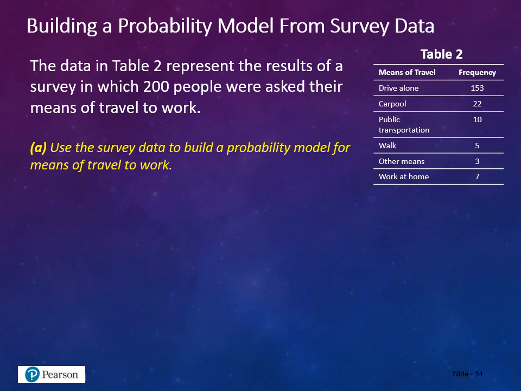So remember, what we're trying to do for probabilities is take the frequency of a response, for example, driving alone is 153, divided by the total number of observations, or in this case, the total number of answered surveys. Well, we have that answer here, but if we didn't have that given to us, we would simply add all these numbers, which we did again in the relative frequency table that we built in chapter 3.